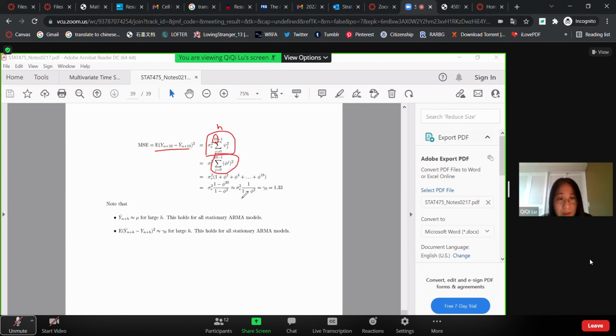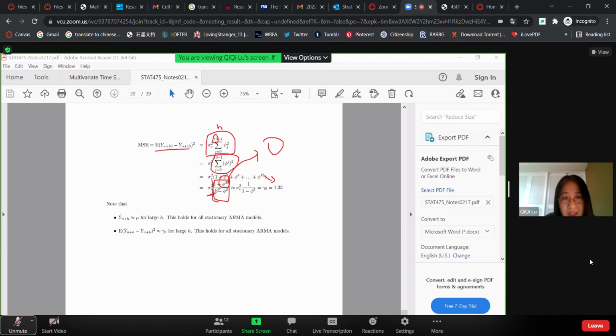So basically you have the first term 1, then phi squared, phi power 4, up to phi power 18. And this is the formula for the sum of the geometric series. So 1 minus phi squared is the common ratio, and 1 minus the next term. So phi to the 20 is the next term, right? Because phi to the power 20 is almost 0, that's 1 divided by 1 minus phi squared.